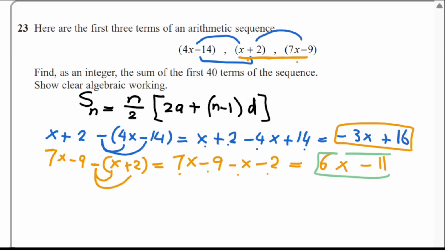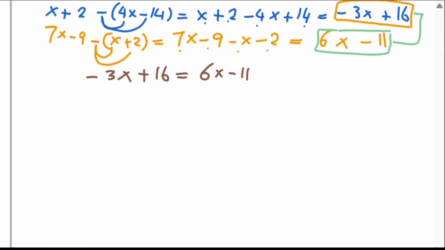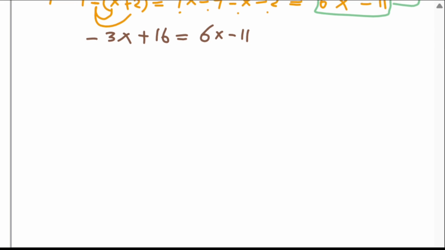Because it's an arithmetic sequence, the difference is similar. So this should equal to that. So let's write them in an equation. So minus 3x plus 16 is equal to 6x minus 11. Now, let's solve this equation. Do plus 3x here, plus 3x there.